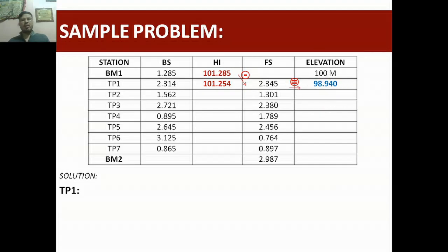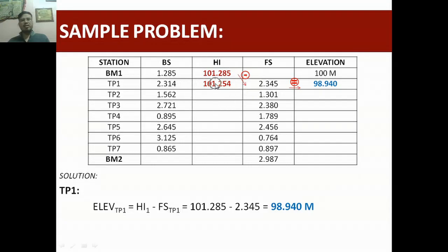If you are confused, just refer to the figure from a while ago and the discussion about it. So the formula: elevation of turning point 1 is equal to height of instrument 1 minus foresight of TP1. That is equal to 98.94.